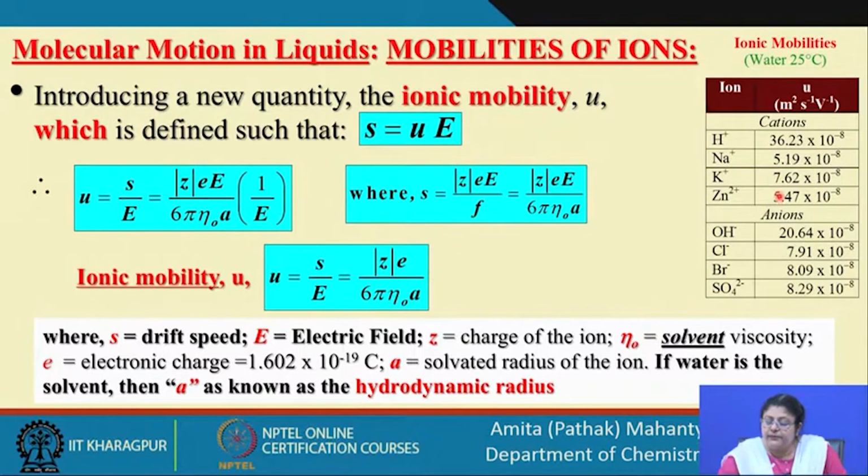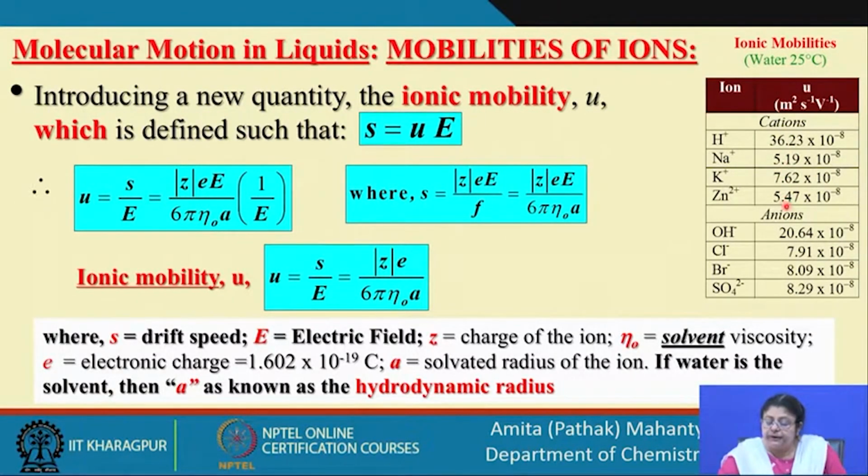Zinc is much lower than the potassium ion, while the H plus ion in the solution has a much higher mobility compared to that of the potassium ion or sodium ion or the zinc ion.